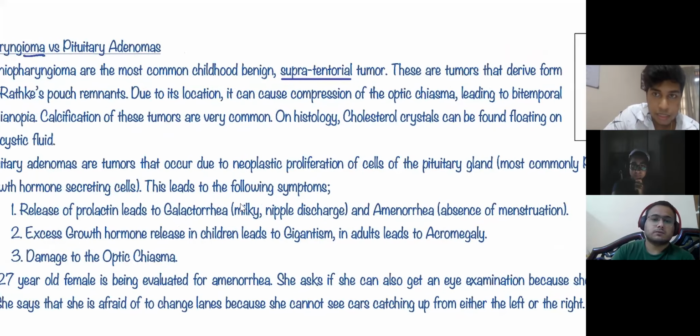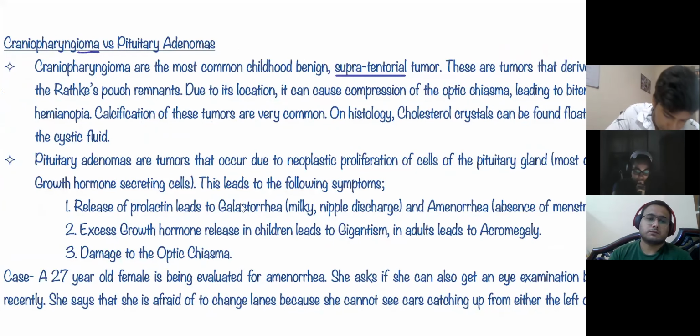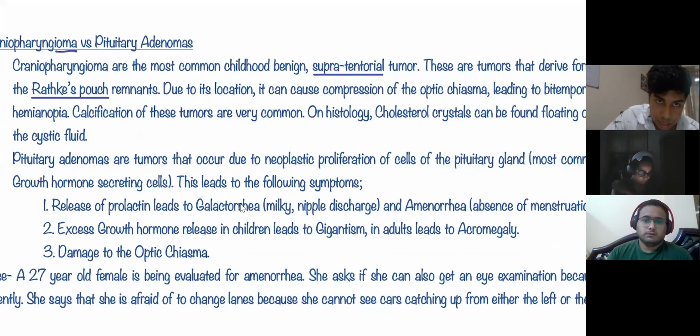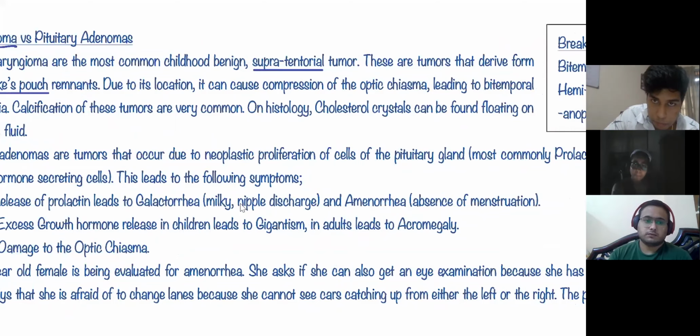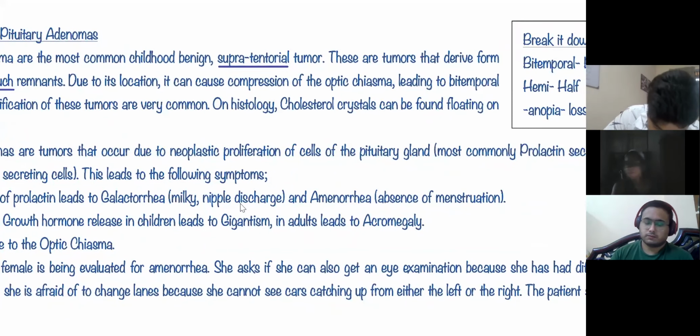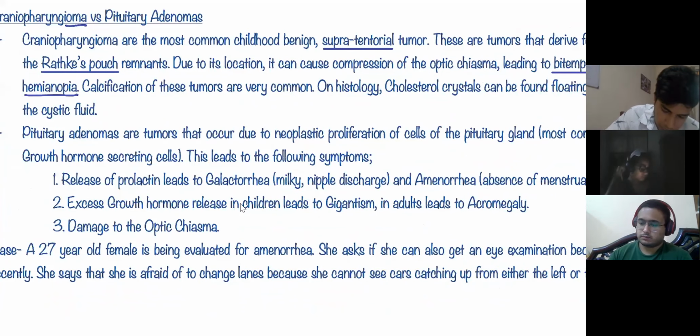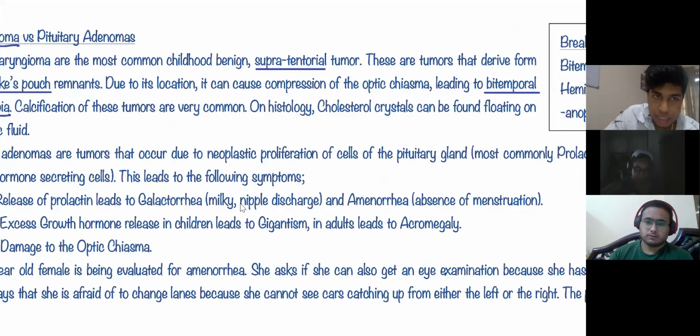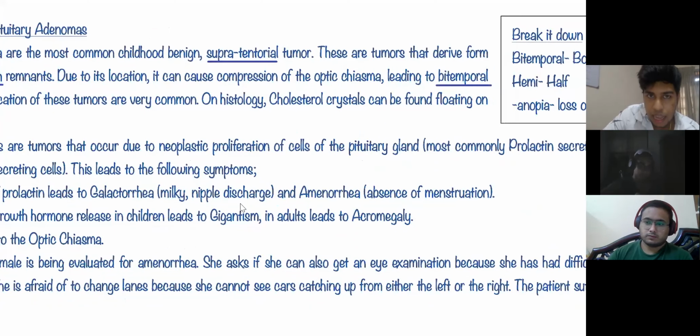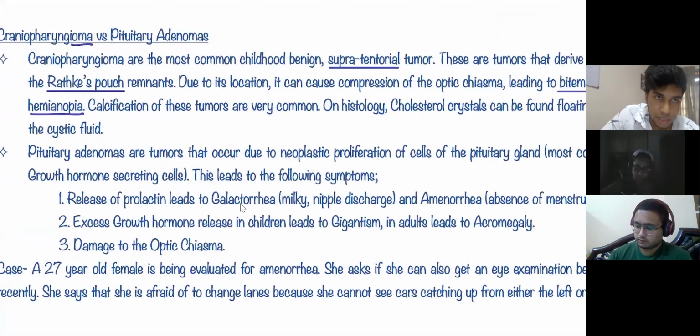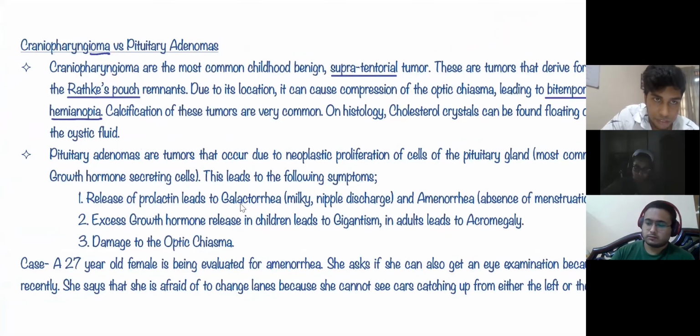These are tumors that derive from the Rathke's pouch remnants. And due to its location, it can cause compression of the optic chiasma, leading to bitemporal hemianopia. And this is histology. You can see a lot of calcium deposits, and on histology, you get a lot of cholesterol crystals. So what you need to take from this is craniopharyngiomas are the most common childhood benign tumors.